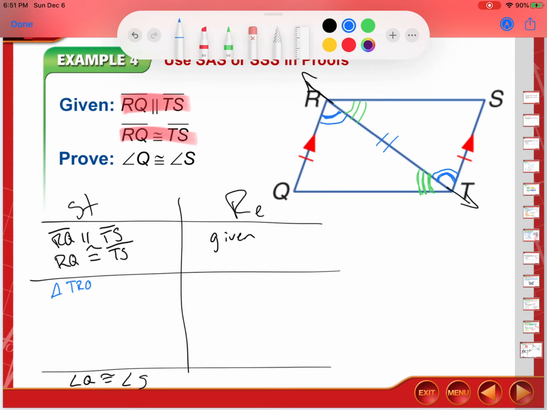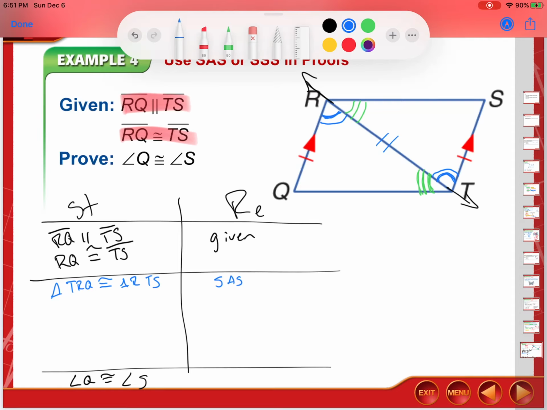So I'm going to say triangle TRQ is congruent to triangle RTS, and that's based on side angle side.